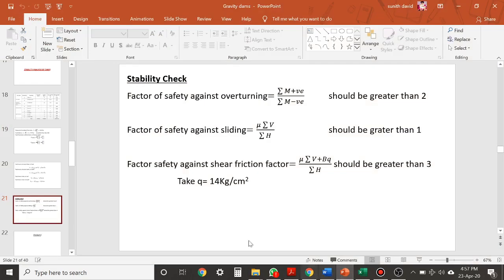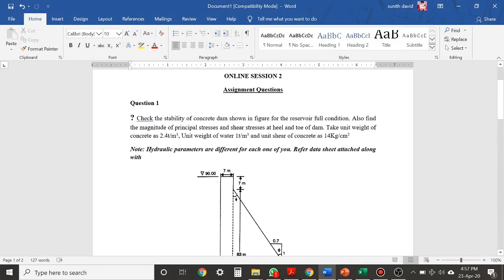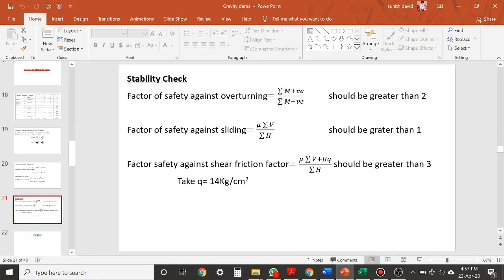While doing the remaining steps, there is a term small q, and small q is applicable here, you know. The small q value in the question is also given to you in kilogram per centimeter square, but everywhere here the unit will be in ton and meter. So you convert this kilogram per centimeter square to ton per meter square for further calculation at this particular step.